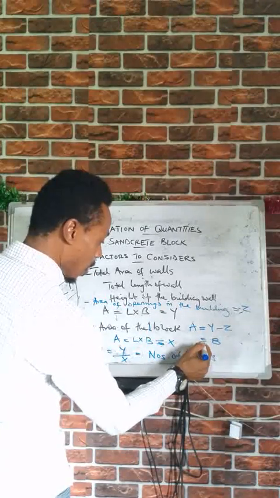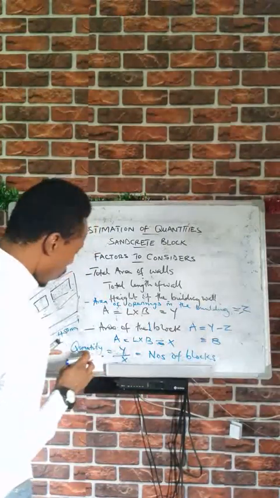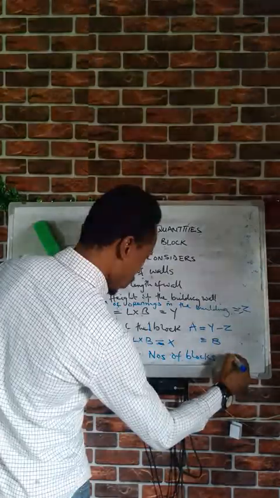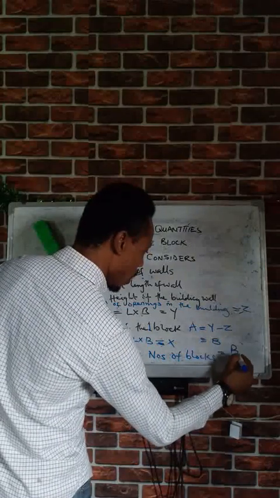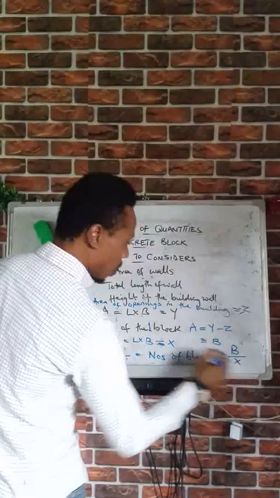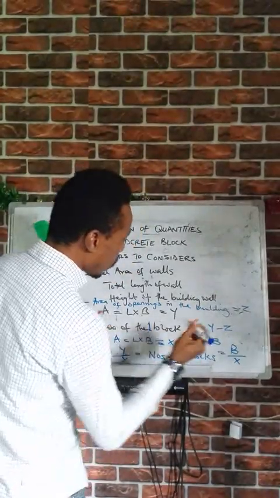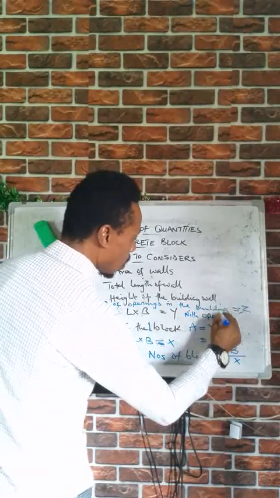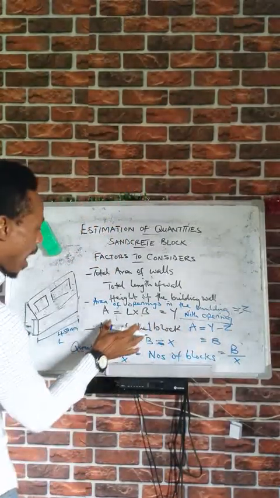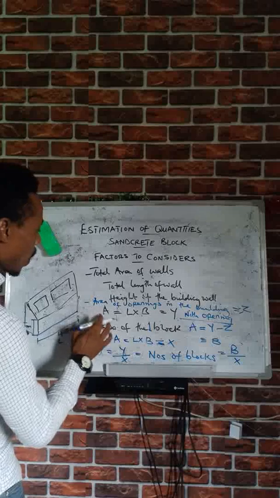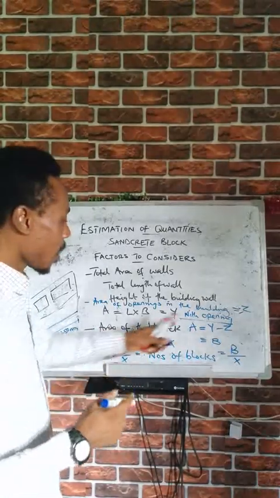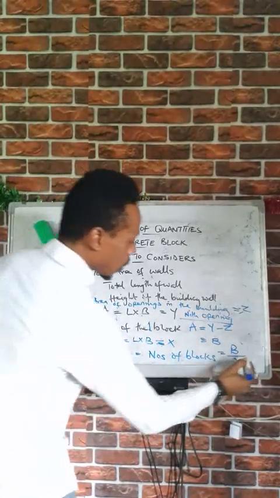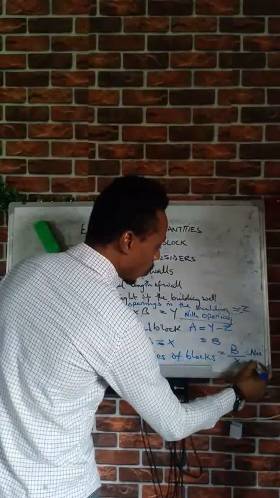Then the quantity becomes b divided by x. This is with openings, while the earlier one, y divided by x, is without openings. So you take note of that. This is the number of blocks.